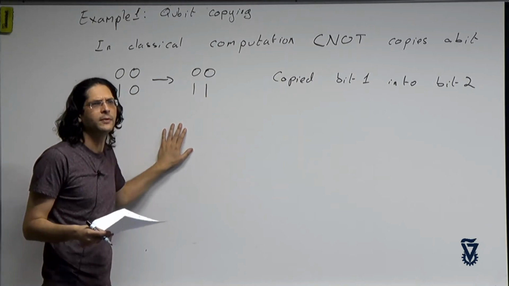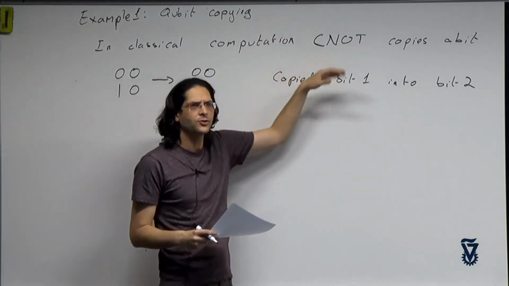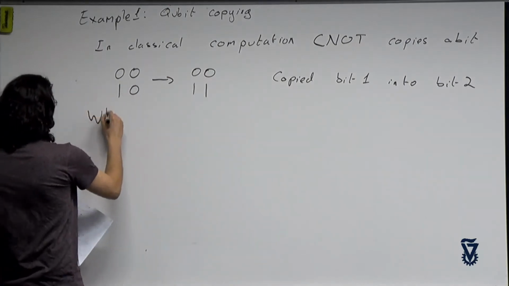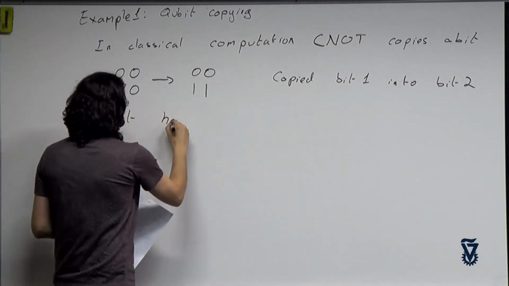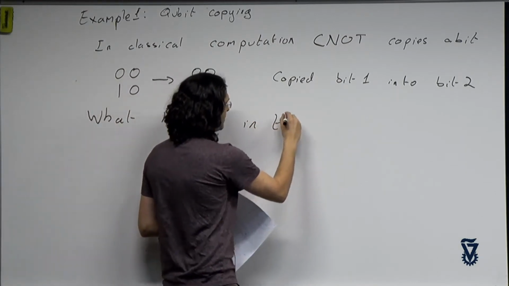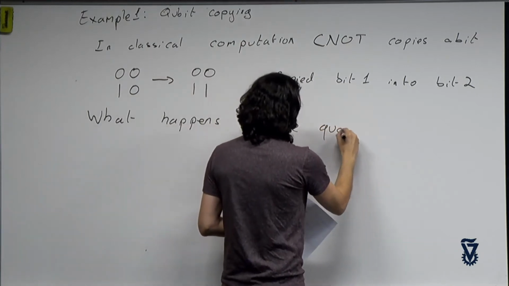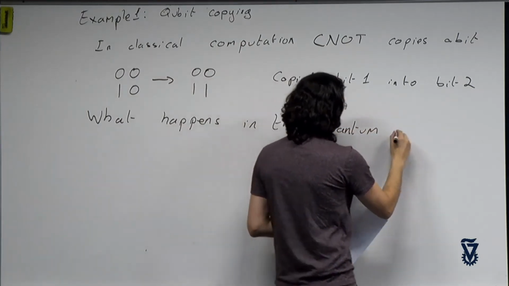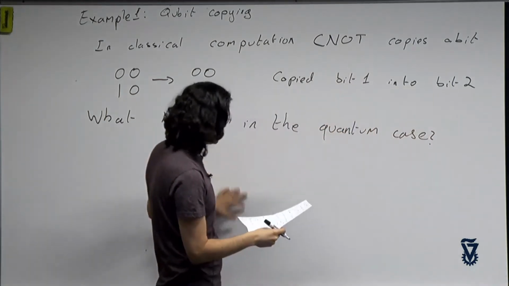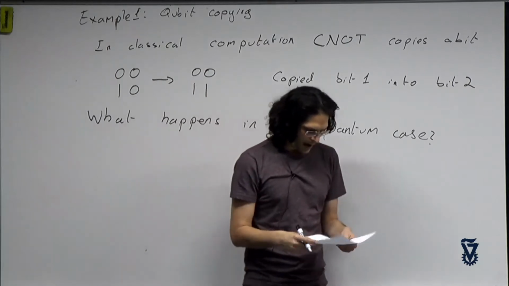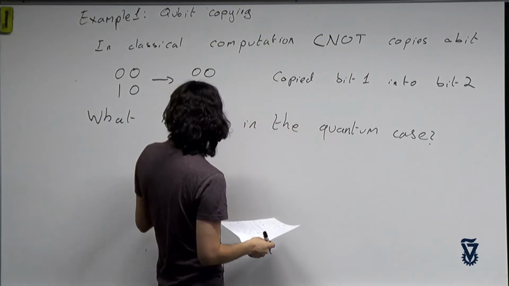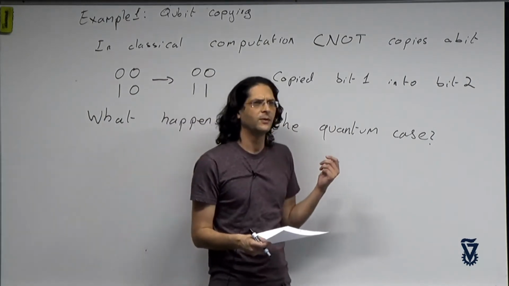What happens in the quantum case? Can we apply a CNOT and try to copy a qubit? Before I do the one-line math, maybe you can just vote yes or no. The yes/no question is, does it copy, yes or no?